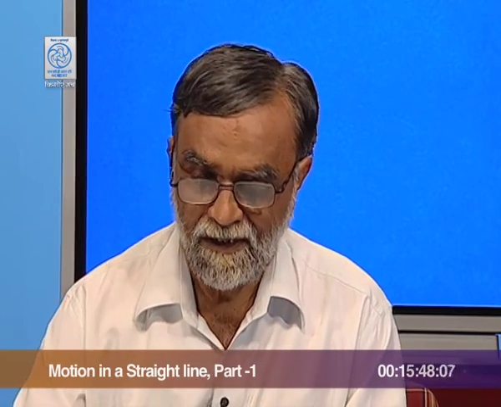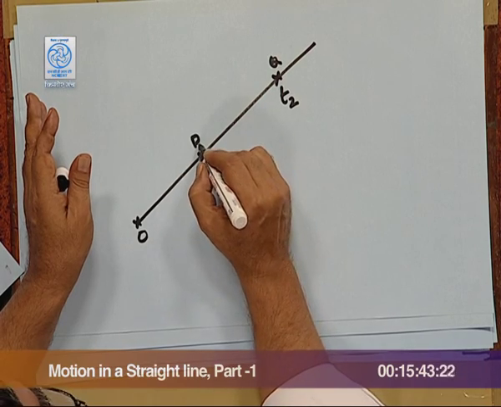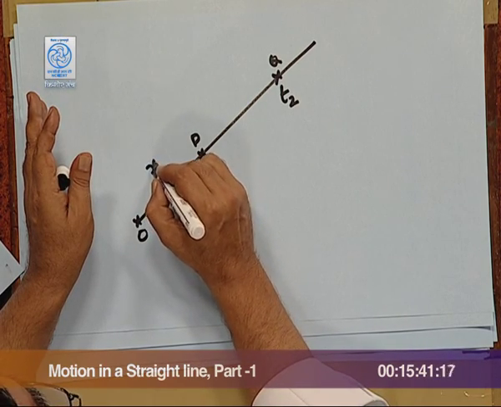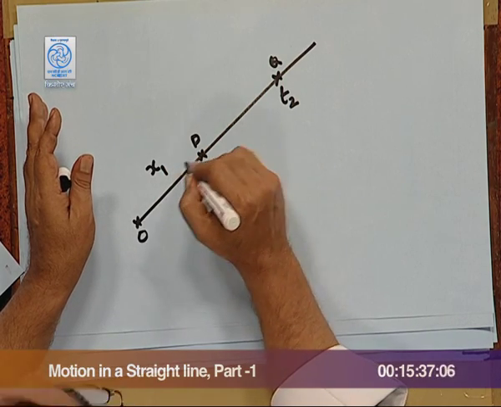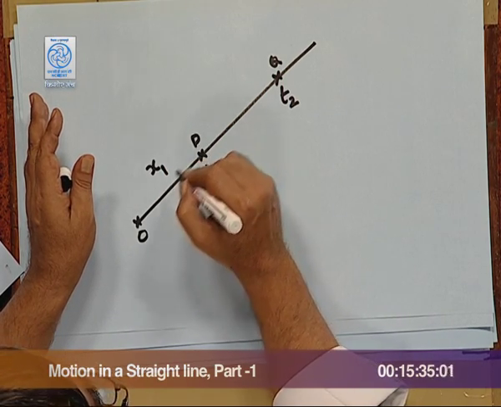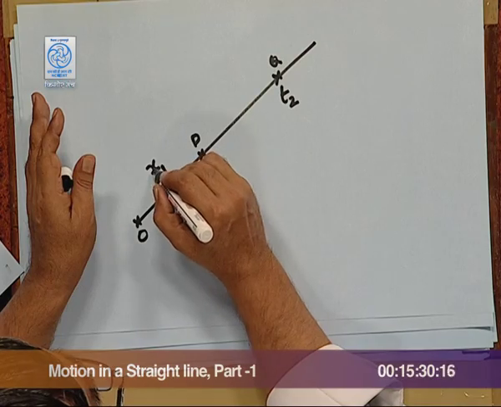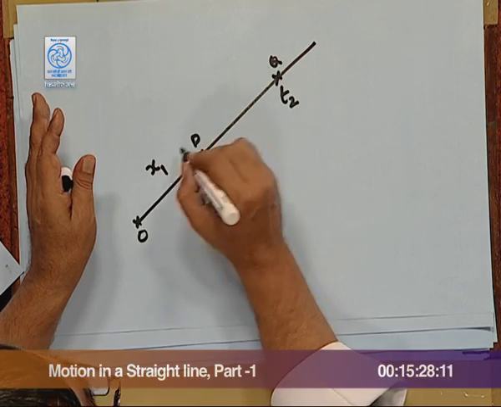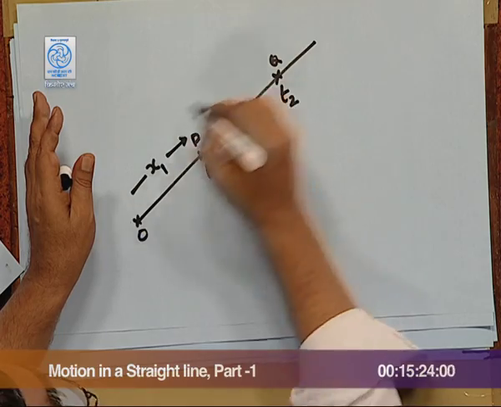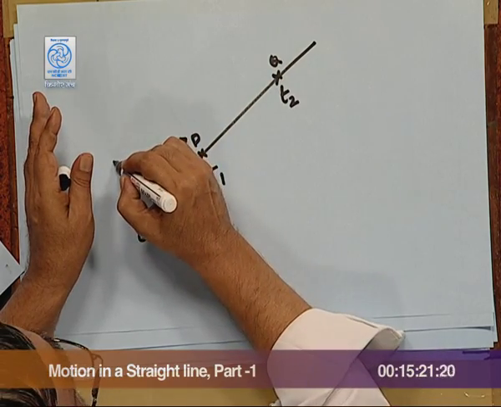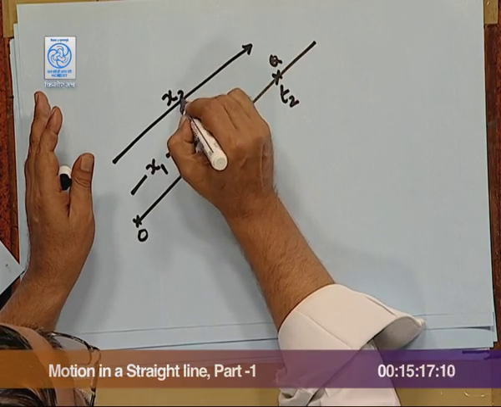Motion along a line. One of the things that we do is consider the object at position P which has the position coordinate x1. What do we mean by position coordinate? The location of the point P with respect to the origin is uniquely represented by the quantity x1 in this direction. Similarly, the position of Q is given by its position coordinate which is x2.